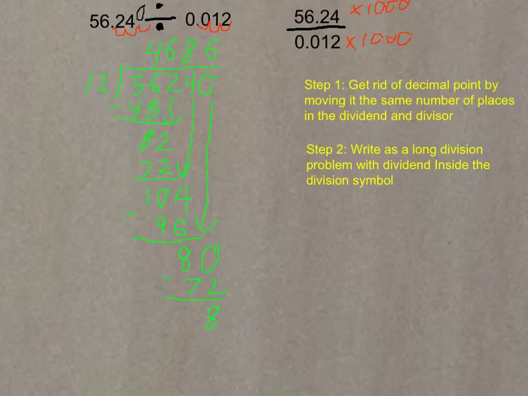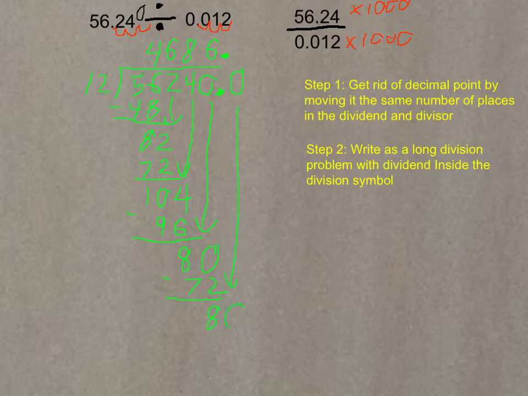So what I need to do next is I'm going to add a decimal to both my dividend and the quotient, which I'm figuring out up here. So now I can add another 0 without changing the value of the dividend, and I can bring that down.